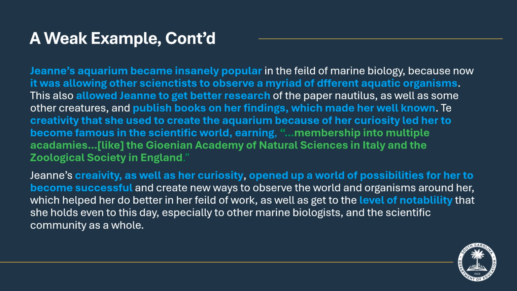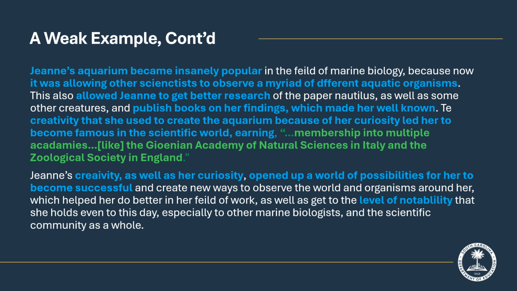Remember, the controlling idea provided to the student is about how Power used her curiosity and appreciation to become successful in her work. The student's controlling idea focuses on how Power used her curiosity and appreciation to make important and impactful contributions to her field.